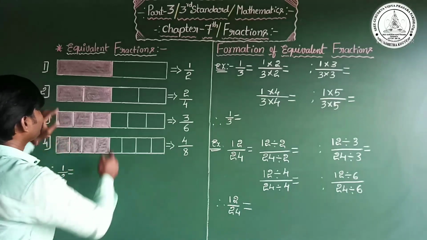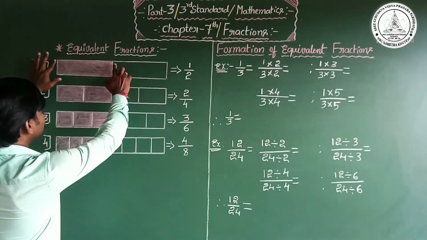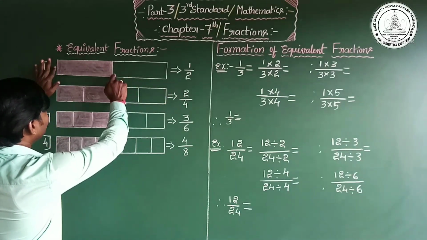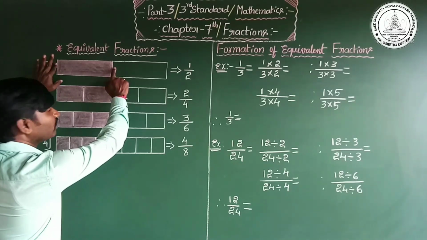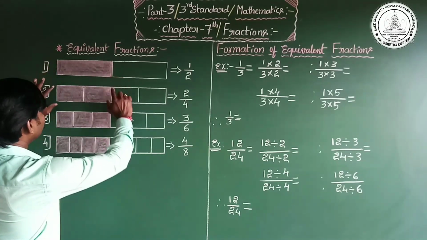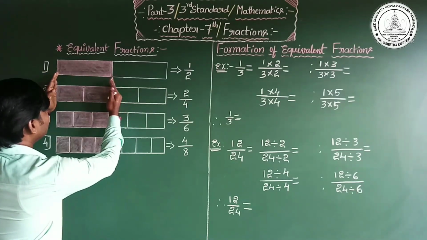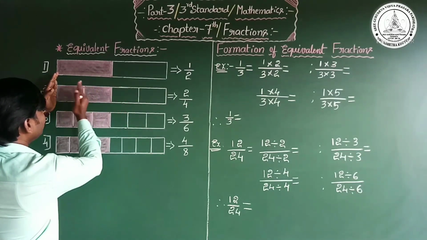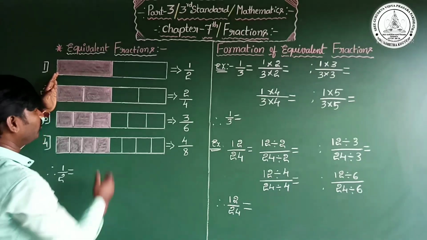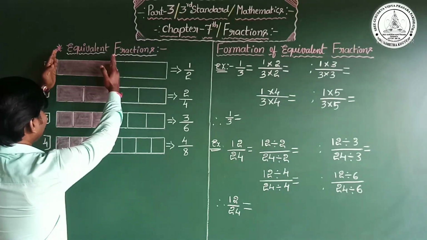Observe here. In the first figure, this is half; half of the figure is shaded. The second figure we also call half, but here we divide it into more parts, and it is equivalent, the same.